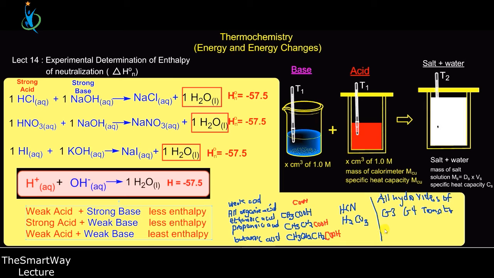And we know that the group 3 metal is what? Aluminium. And again, group 4 metal is what? Silicon. And for transition metals, we have copper, zinc, and iron.